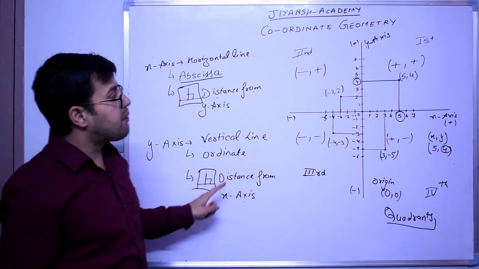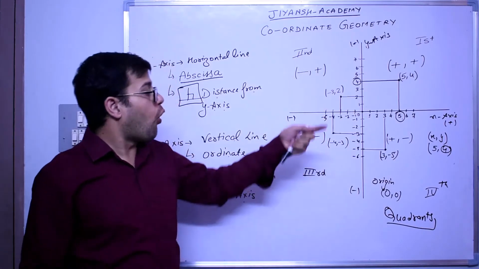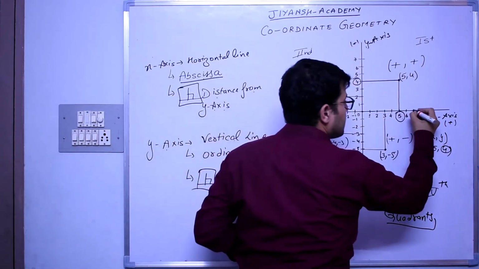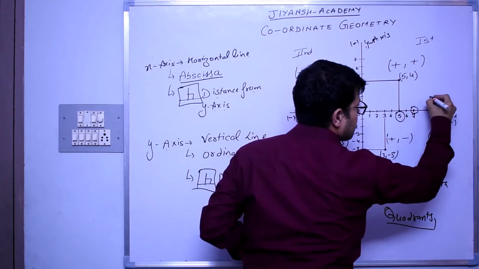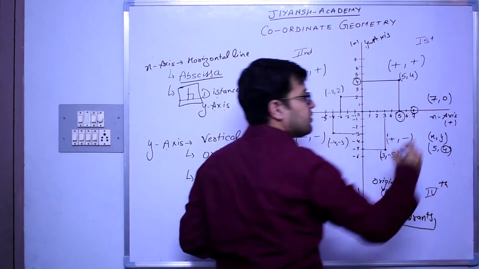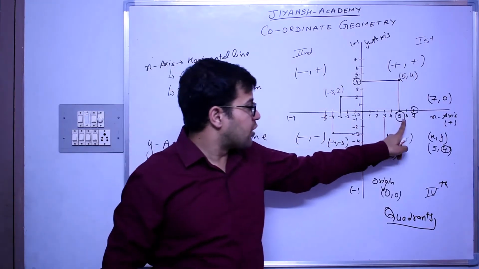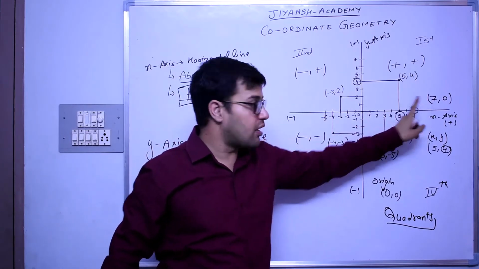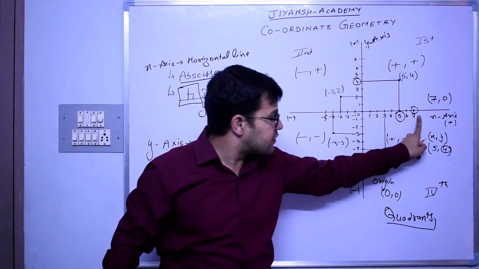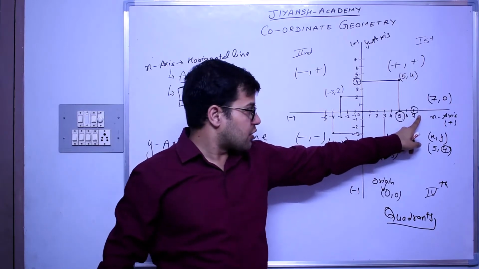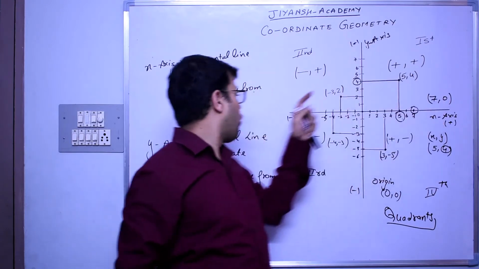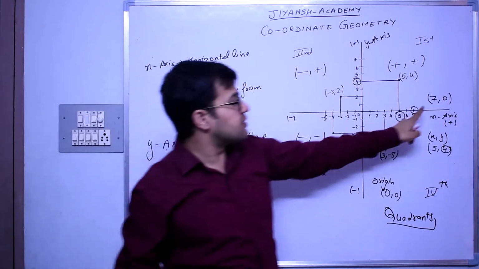Again, if a point lies on the x-axis, its ordinate will be 0, just like this. This is 7, 0. This will make you understand much more clearly that x, the abscissa, is the perpendicular distance from y. Since it does not have any perpendicular distance from x, y or the ordinate in this case is 0.